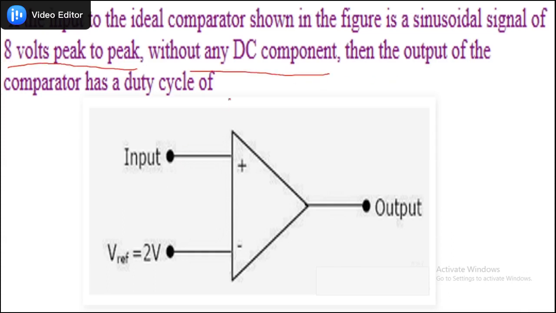So this is pure sinusoidal wave which is having 8 volt peak to peak. You have to find out the duty cycle. For finding out the duty cycle, there is set procedure. First you have to set the reference or find out the crossover voltage when this comparator, or the op-amp, will transit from one state to another, and then draw the waveforms. So here is the solution.